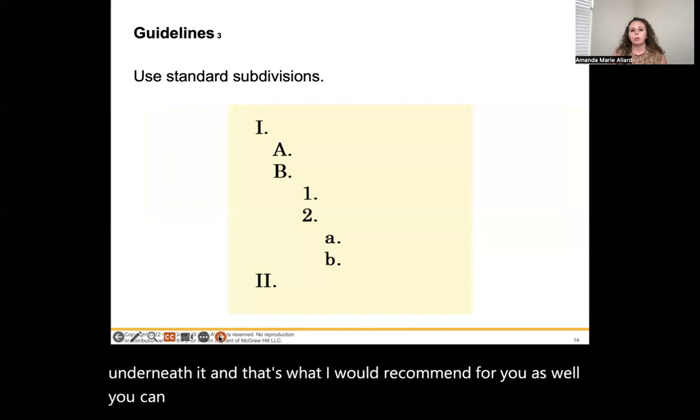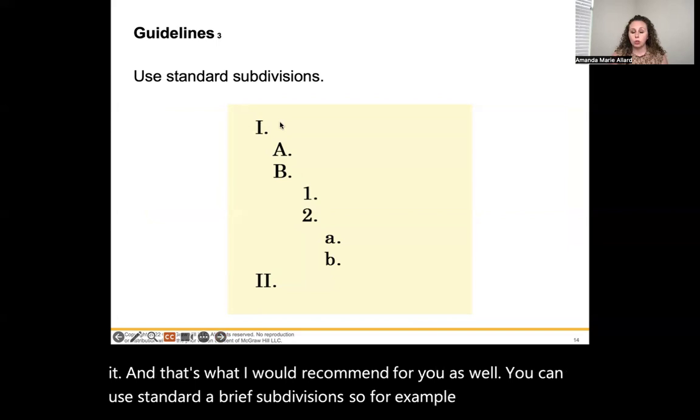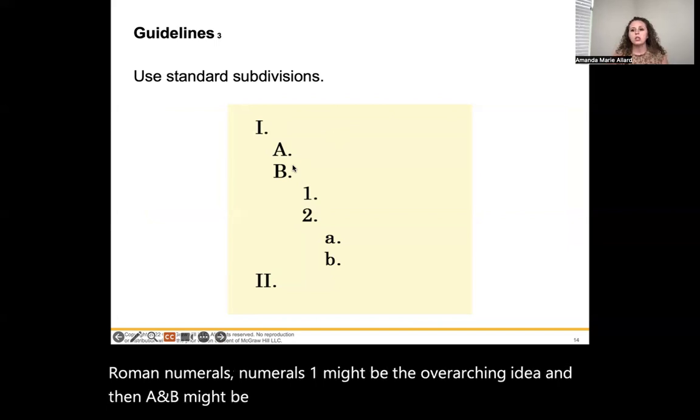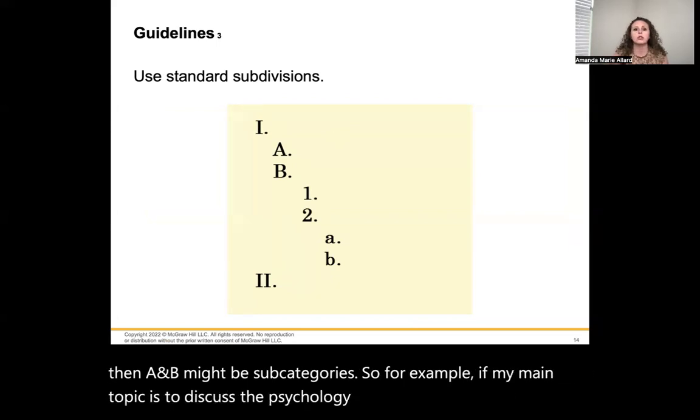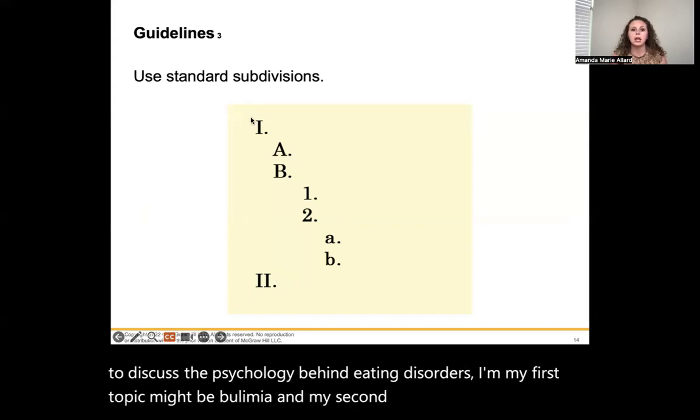You can use standard subdivisions. For example, the Roman numeral I might be the overarching idea, and then A and B might be subcategories. If my main topic is the psychology behind eating disorders, my first topic might be bulimia, and my second might be anorexia.